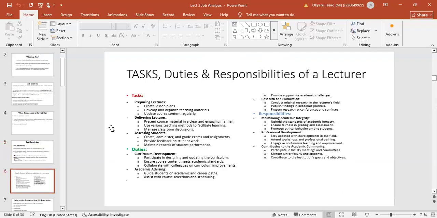For example, as a lecturer, when I go to work, these are some of the responsibilities that I do. So these are some of my job descriptions. I prepare for lectures. In preparing for lectures, I create lesson plans, I develop teaching materials, I update course content.